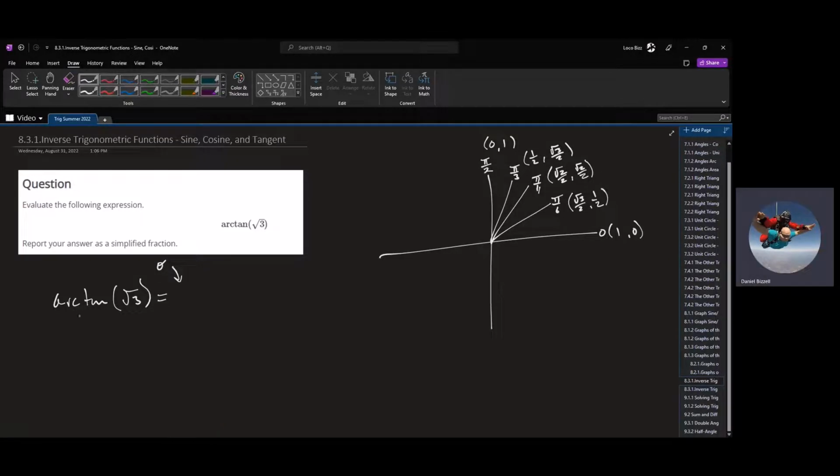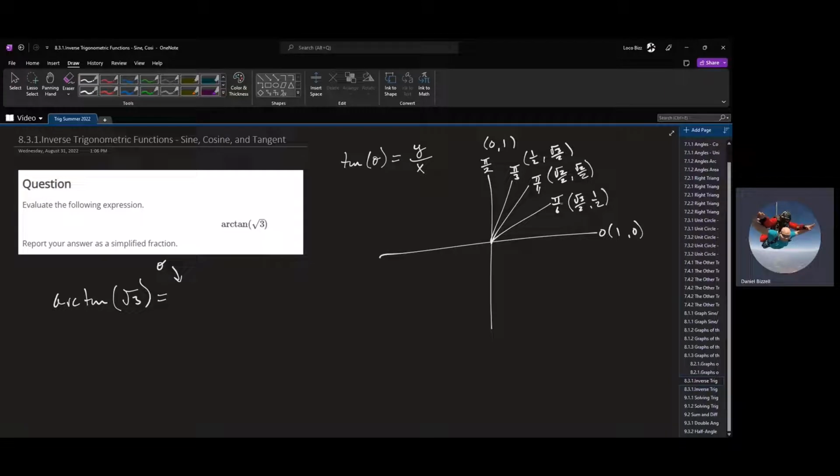So we know that tangent of theta is made up by y over x. So we need to look at what y over x combination will give us the square root of 3 and see what angle that occurs at.